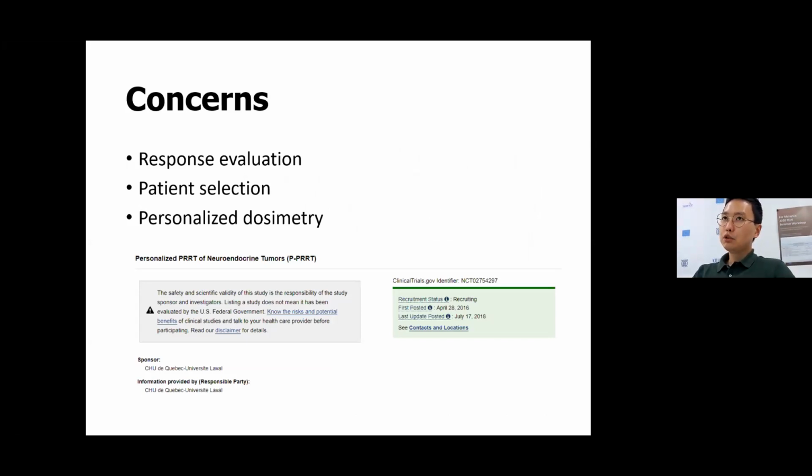Actually, most clinical trials, in the case of neuroendocrine tumors, are still using CT and anatomical grade. However, there are some attempts at using functional imaging, such as gallium DOTATATE, for the evaluation.